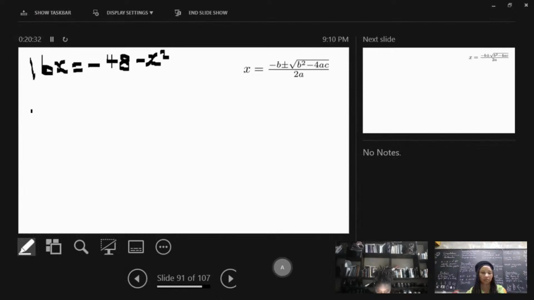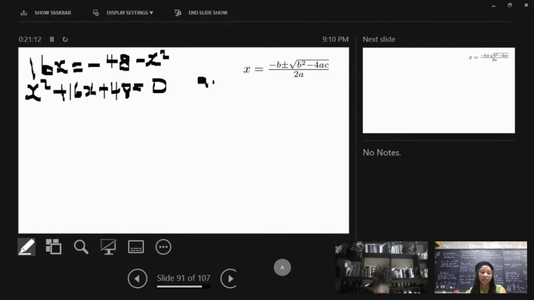Put it in the order first. x squared plus 16x plus 48 equals 0.